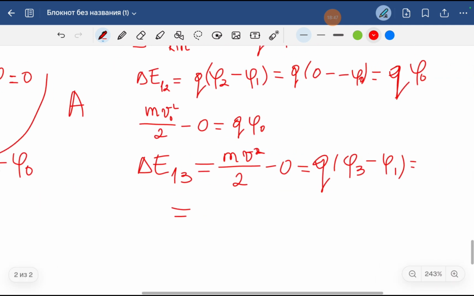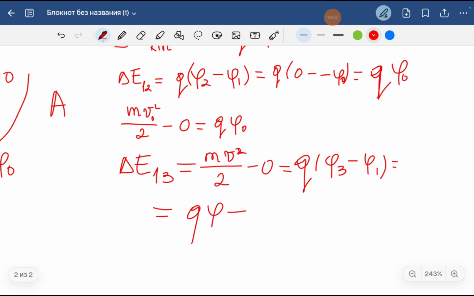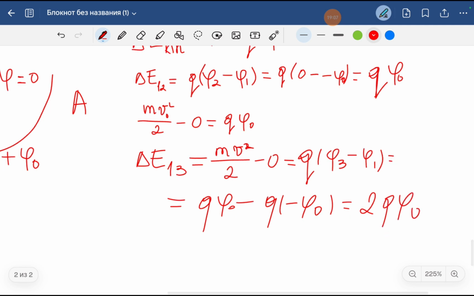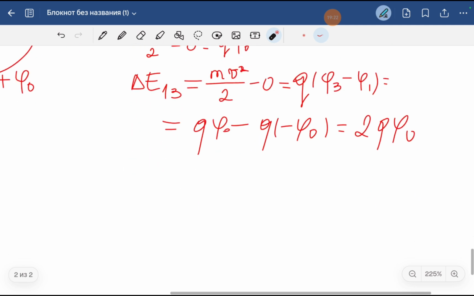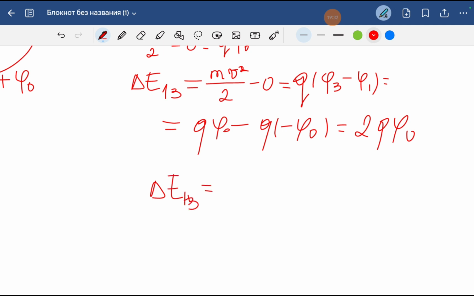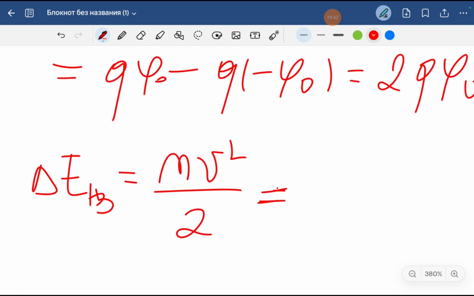The potential at point 3 is plus phi0 and at point 1 it's minus phi0. We notice that the work done by the electric field on segment 1,3 is twice the work done on segment 1,2. Therefore, the change in kinetic energy on segment 1,3 is twice that on segment 1,2.